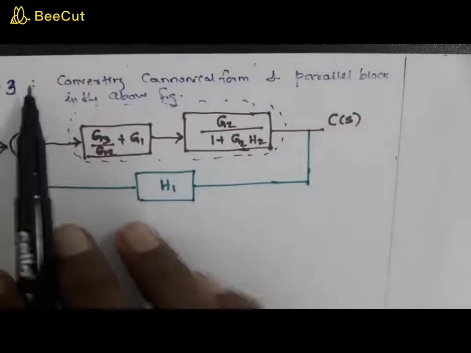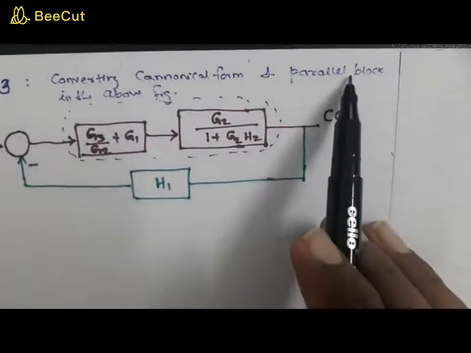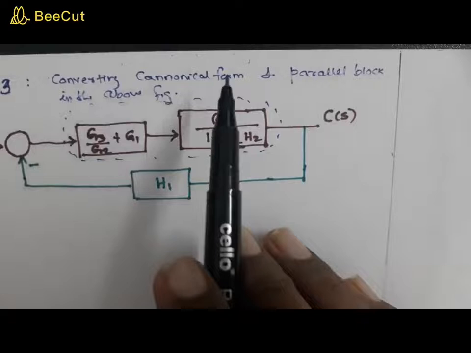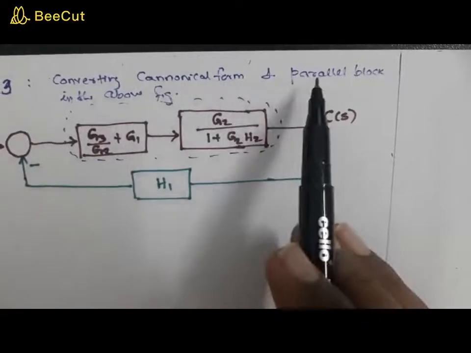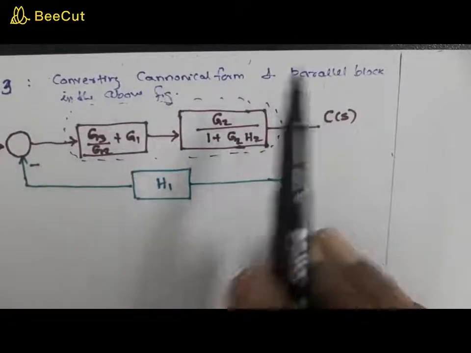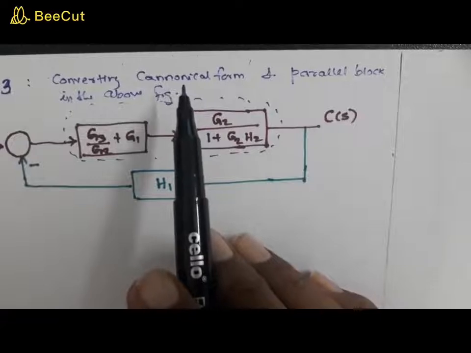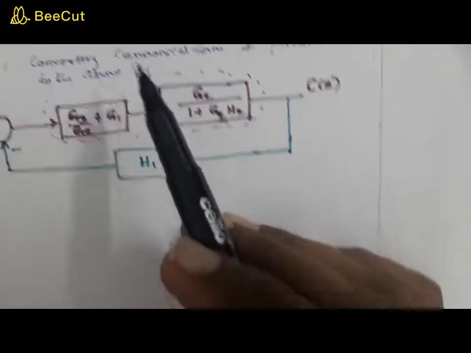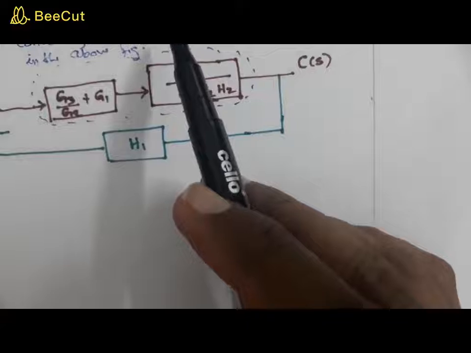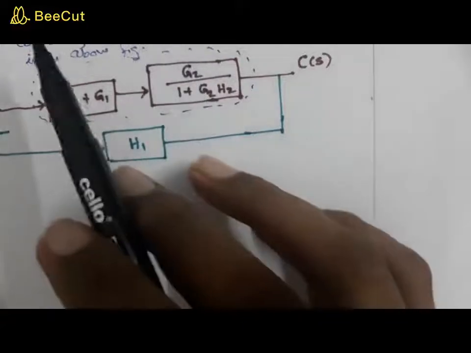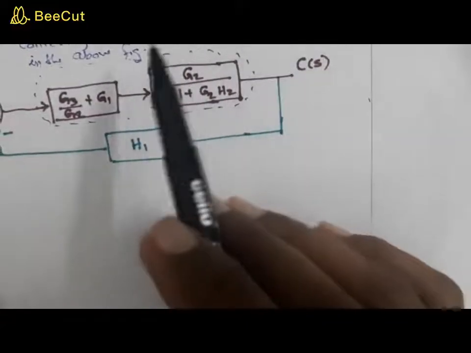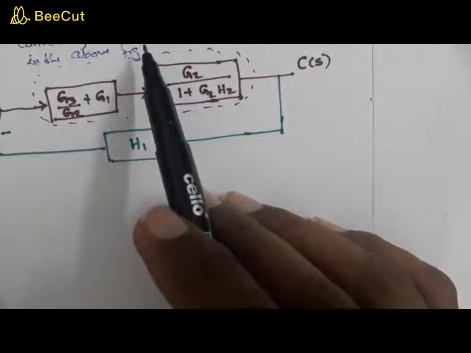So what is your step 3? Converting the canonical form and parallel block in the above figure by a single block. So you must refer to the above figure.